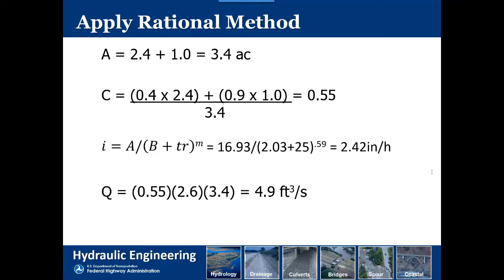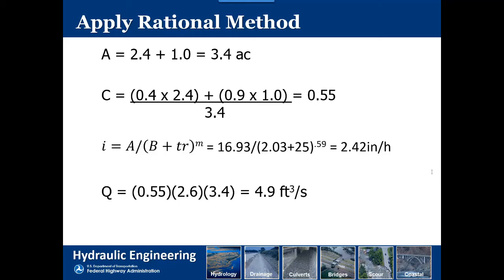We already know what our time of concentration is, and I want to point out that T_R is a very odd way to say time of concentration. It's usually T sub C. That's how you normally see it. Do you know why they put R there? I think they mean time of runoff maybe, but it's confusing. It's a little bit inconsistent. So anyway, we plug and chug and we get 2.42 inches per hour for our intensity.